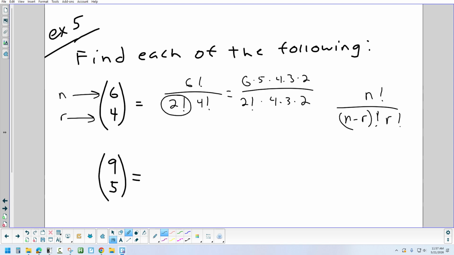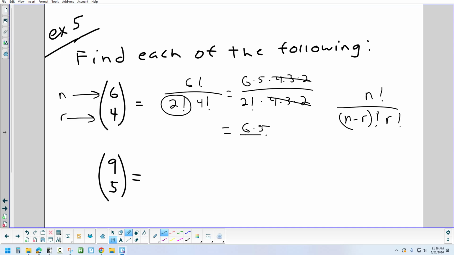What do the top and the bottom both have in common? Yeah, 4 times 3 times 2. The bigger factorial in the bottom will always completely cancel with the top. So that's gone. Now we've got a much easier problem.